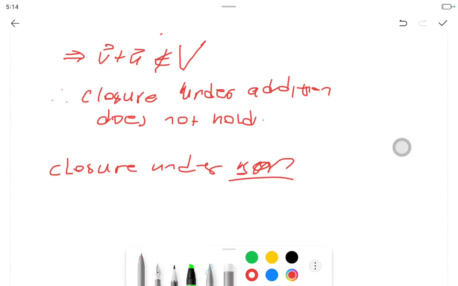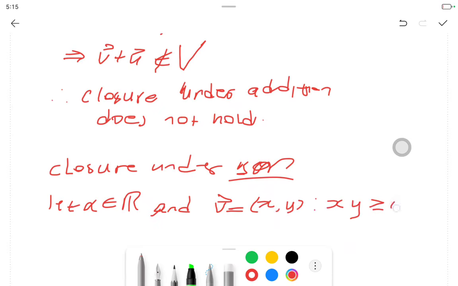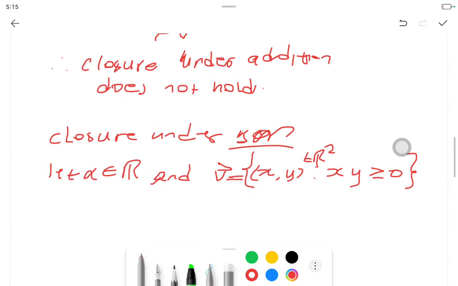So you see that if I come here and let alpha be an element of R, and I let v be equal to xy, which we know that if I take xy to be greater or equal to 0, and this is an element of R squared, and this will be an element of V. So if I take this, I now check scalar multiplication.